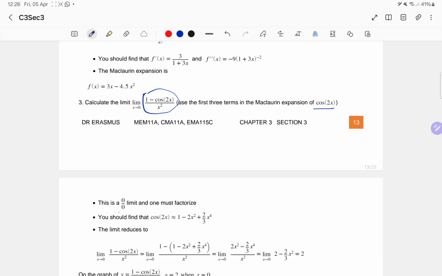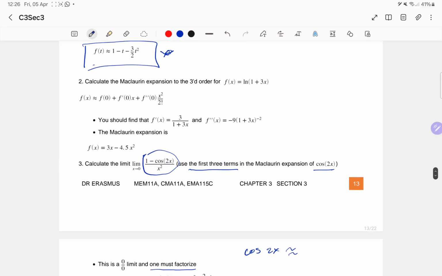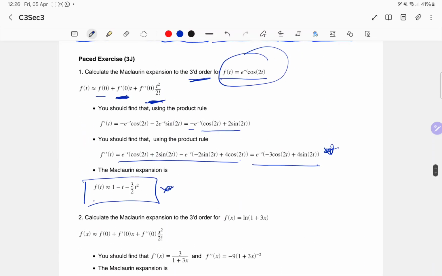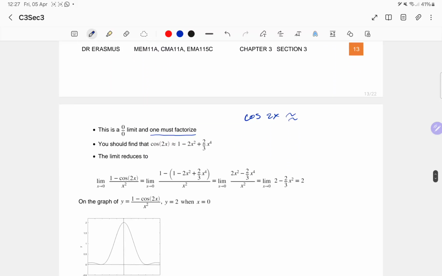Okay, it says here one must factorize. Actually, you can work out the expansion at the side, but remember, use the first three terms. Okay, so working out the expansion for this, just like how we did here in number 1, so f prime at 0, f double prime at 0.